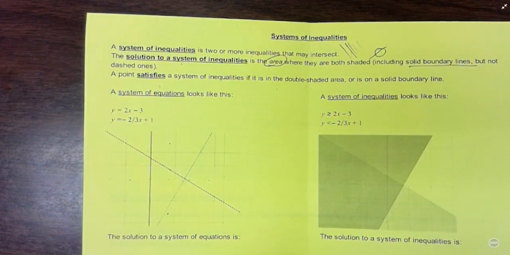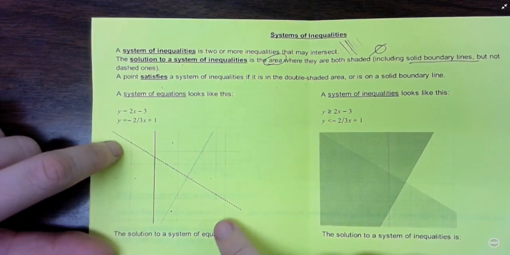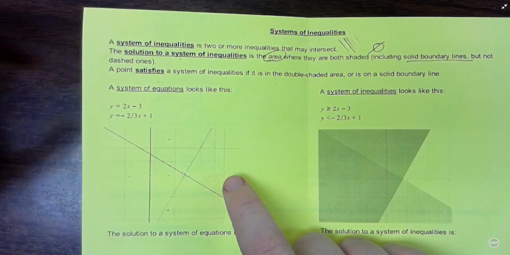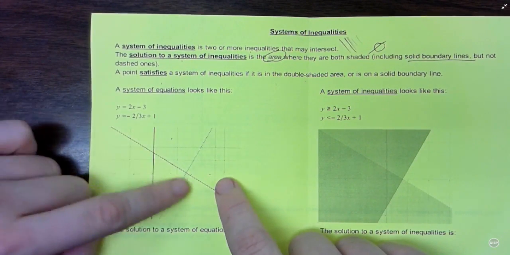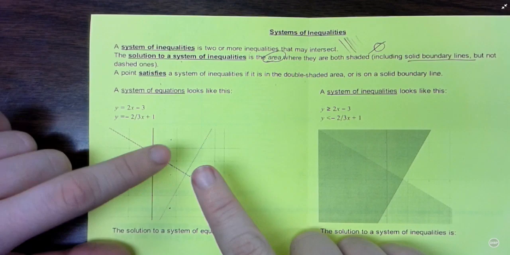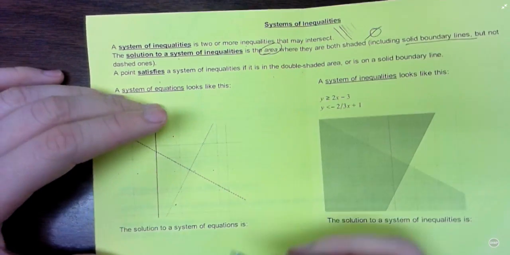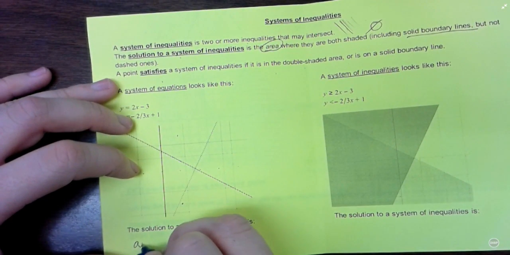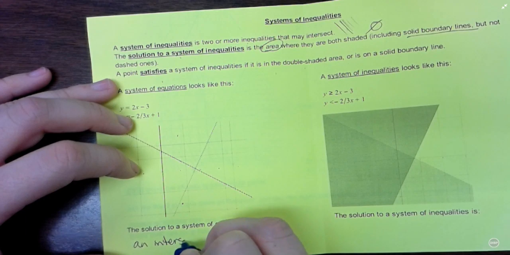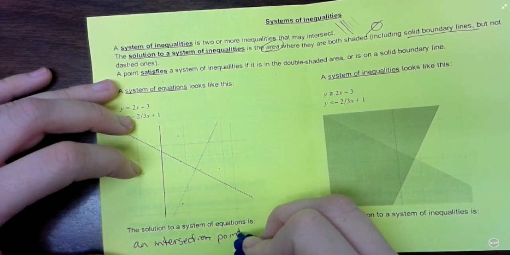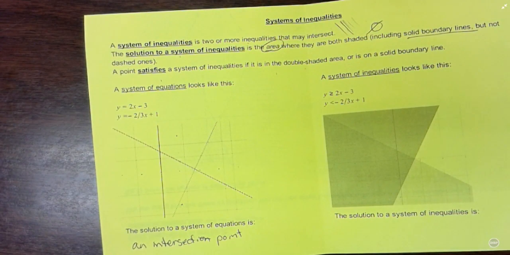Just to compare and contrast, systems of equations we've done look like this. You've got two or more lines, maybe a line and a quadratic, that are intersecting each other, or maybe not intersecting, and then you have no solution. But in any case, you're looking for an intersection point, and it's generally one point or two points or some finite number of points.